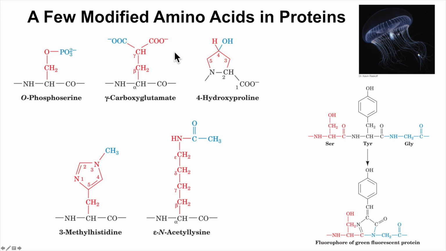But you can see the blue parts are the parts that are different. The one I do want you to know now is this chromophore. So if you see this serine, tyrosine, and glycine together, they will cyclize. So if you can see that this then binds to this. And what happens is these electrons are delocalized in this tyrosine ring, but now, due to the structure of this, the electrons are delocalized over all of this, okay?